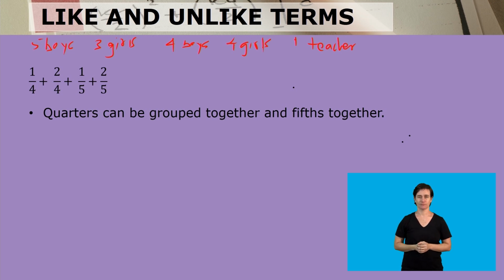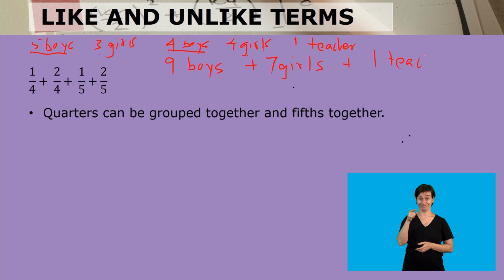If we were to group the people in the class, we'll then group the boys together. So it would be 5 boys and 4 boys. 5 plus 4 will then give us 9 boys. And then 3 plus 4 girls would give us 7 girls in the classroom and 1 teacher.